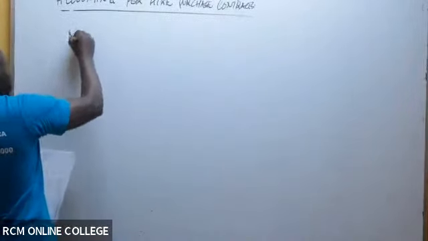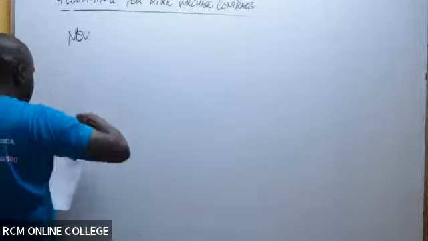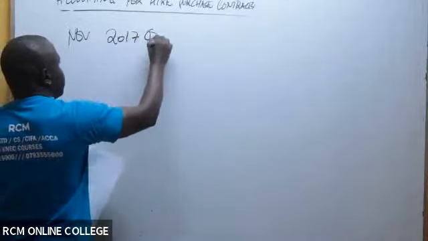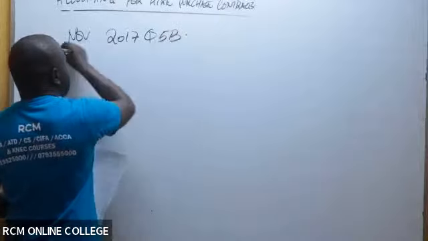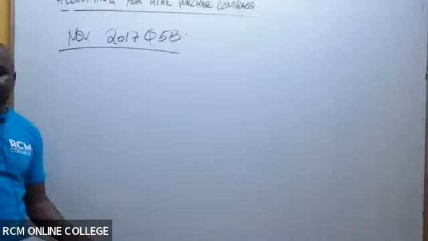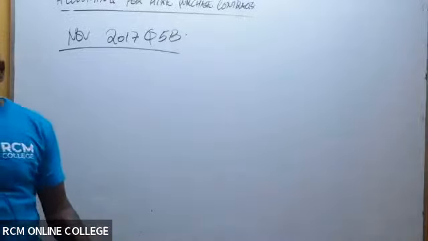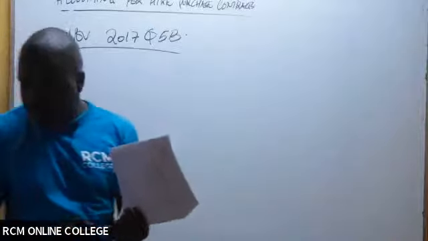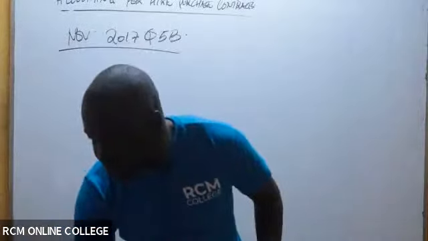So open November 2017, question number 5B. Open November 2017, question number 5B. So when we come after the break, we should be able to look at that question. So I think 7:30 will be okay.